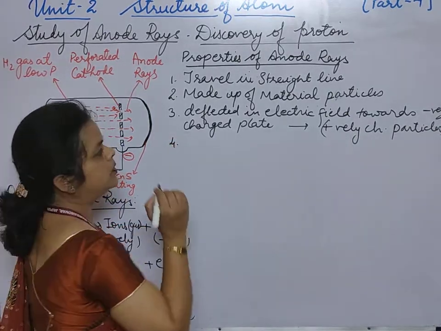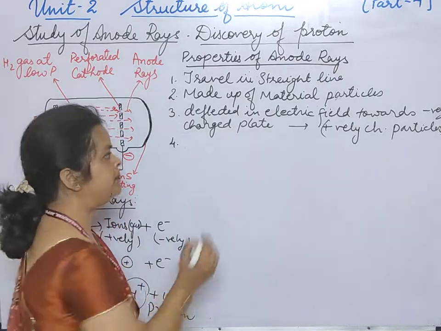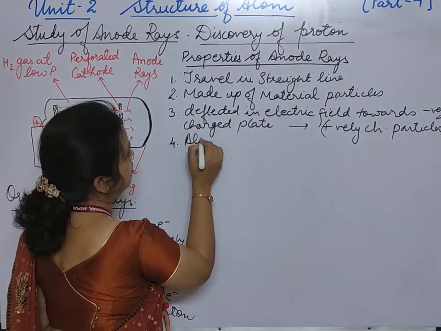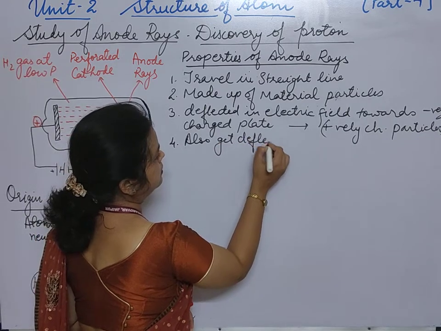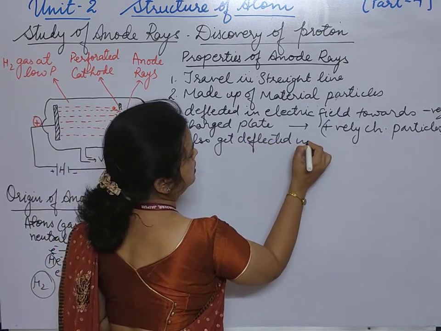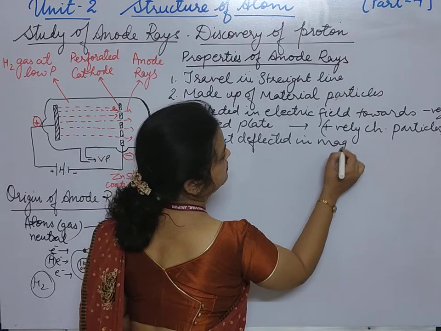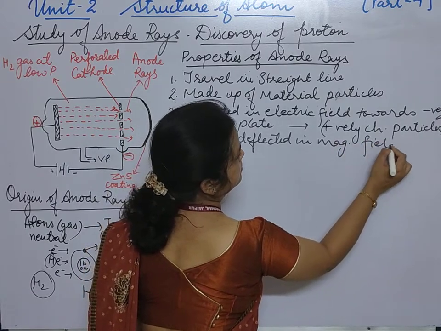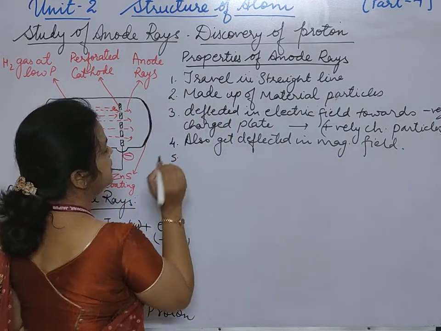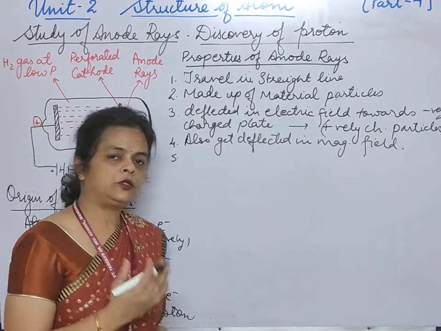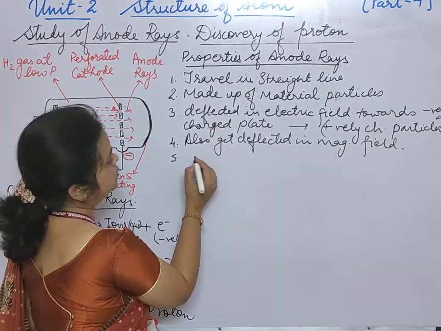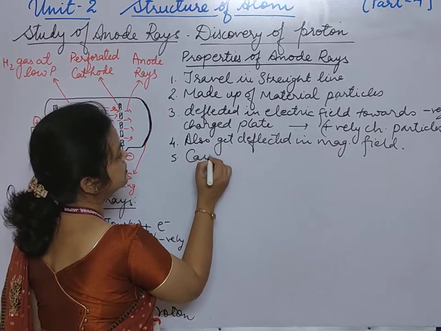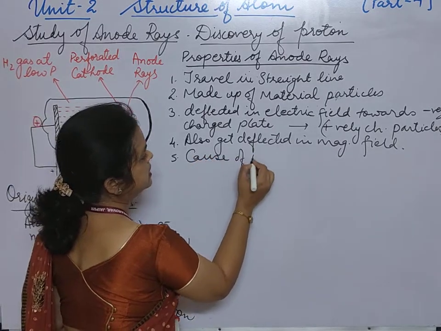Now, the next point, they also get deflected in a magnetic field. Next point, as the cathode rays were causing the ionization of gas, same here, these anode rays also cause ionization of gases.